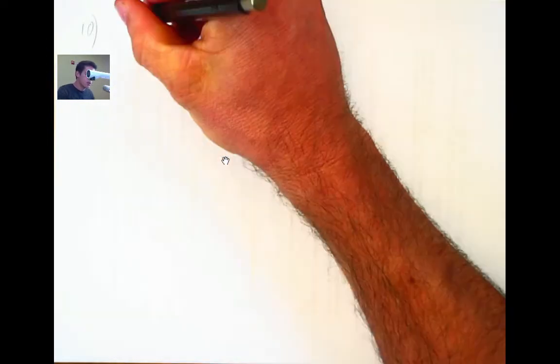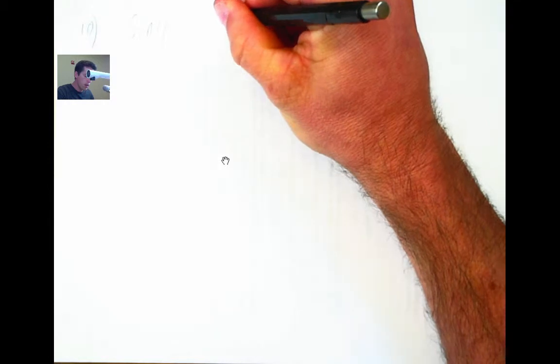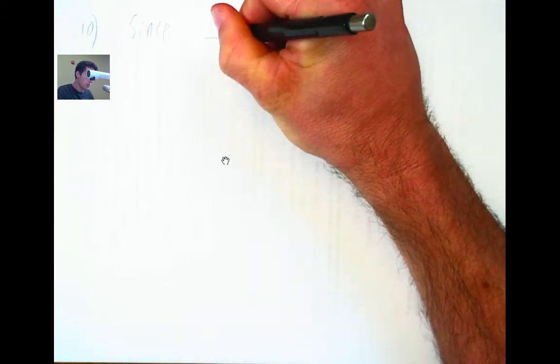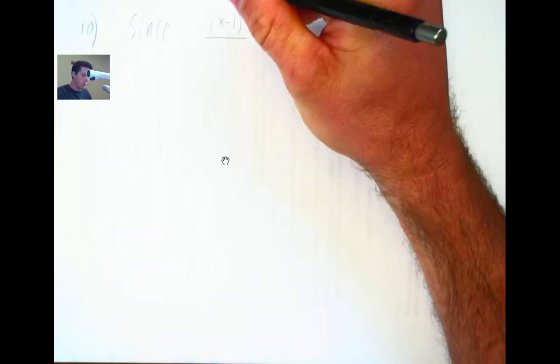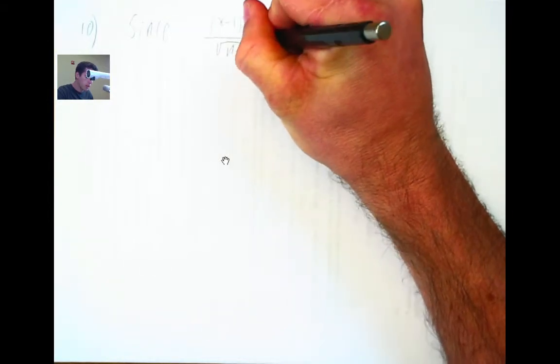Looking here at number 10, I am going to utilize the ratio test. Start with the n plus 1th term, (x minus 1) to the n plus 1th power over the square root of n plus 1, for the series that I'm interested in.